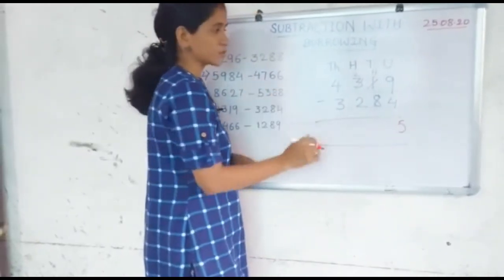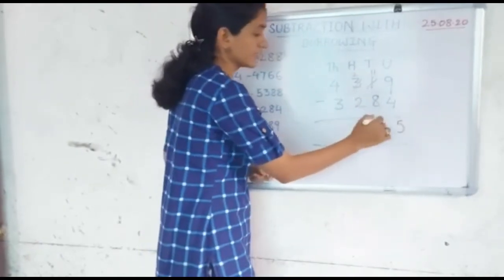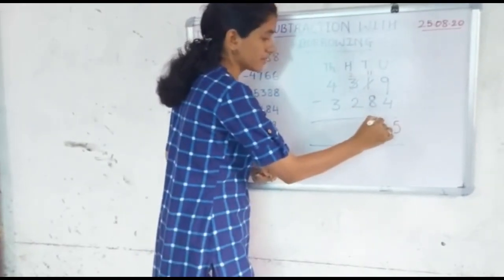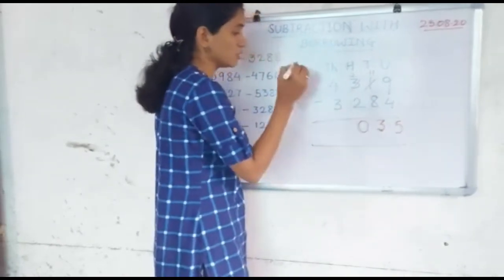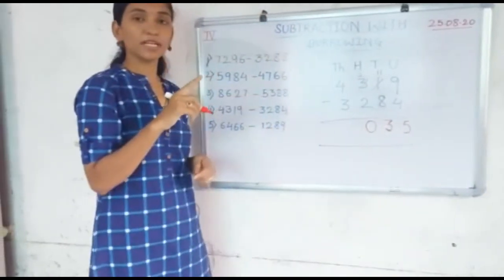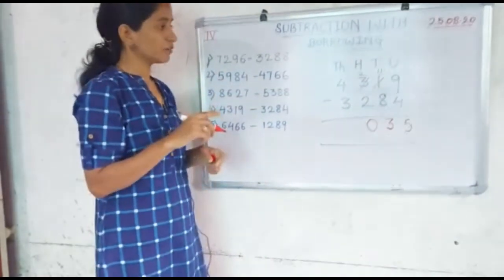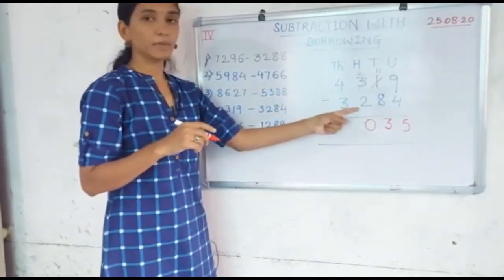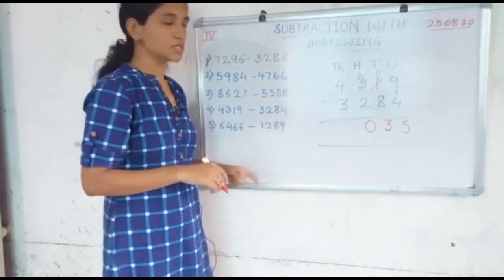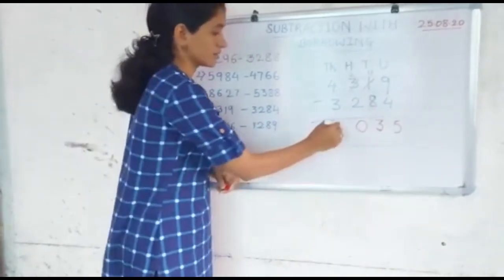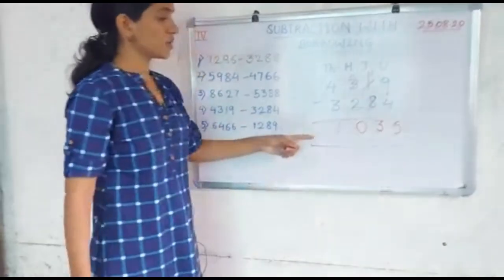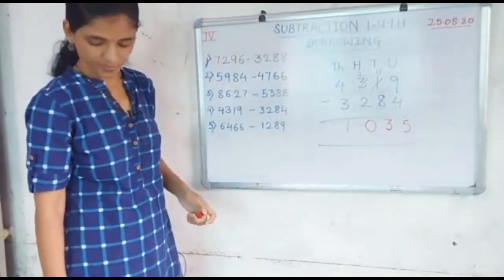Now you can subtract. 11 minus 8, 3. 2 minus 2, 0. As we learned this property in the last Zoom class, if we subtract a number from itself, the answer will be 0. And last, 4 minus 3, 1. So your answer is 1,035.